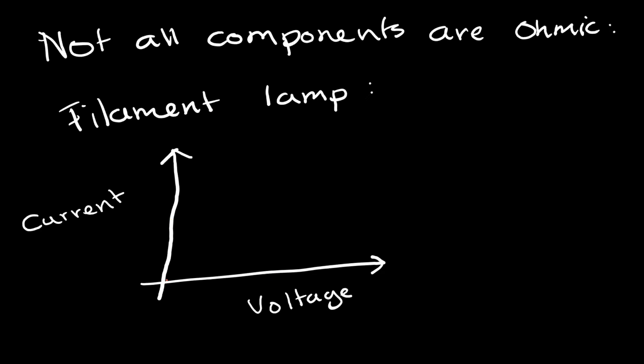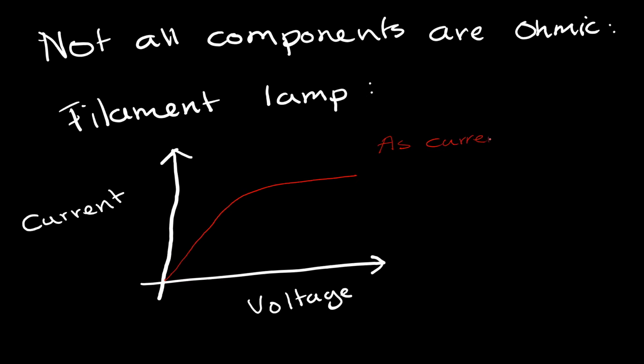If you plot this, as voltage goes up, it starts off ohmically, and then it levels off. If you get a graph like that in an exam, it's nearly always a filament lamp. What's happening is the current evens out because it becomes hotter.